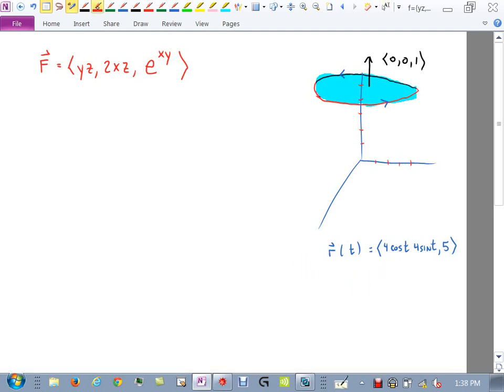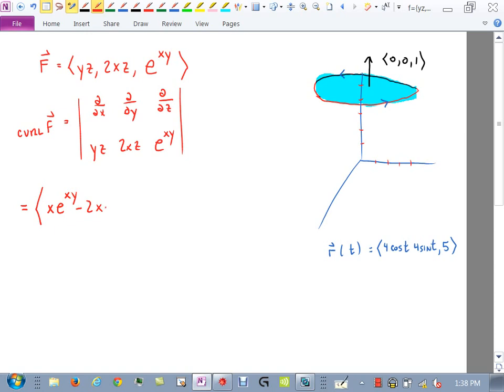So, a little appreciation for what's going on here. Curl F is the determinant with partial with respect to x, partial with respect to y, partial with respect to z, over yz, 2xz, e to the xy. This doesn't turn out to be very pretty, but it's x e to the xy minus 2x, y minus y e to the xy, and then 5.